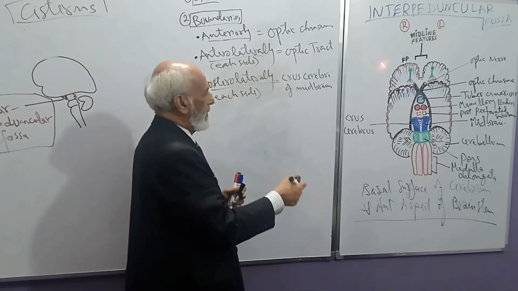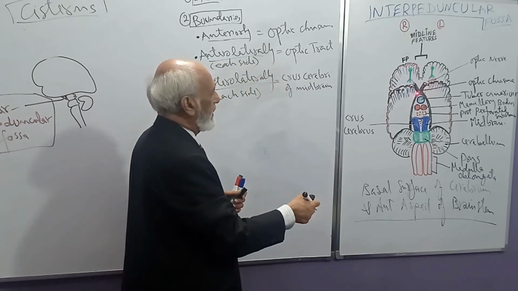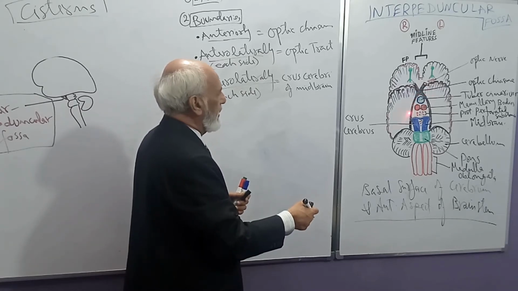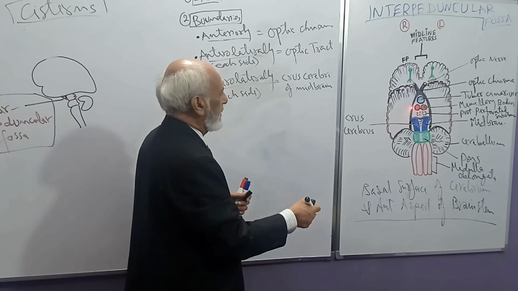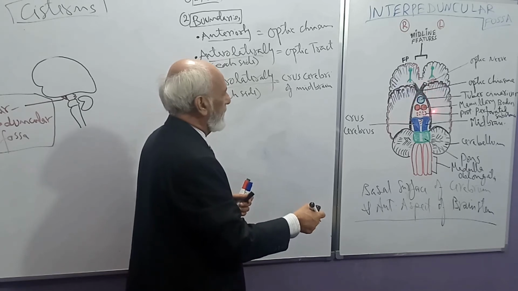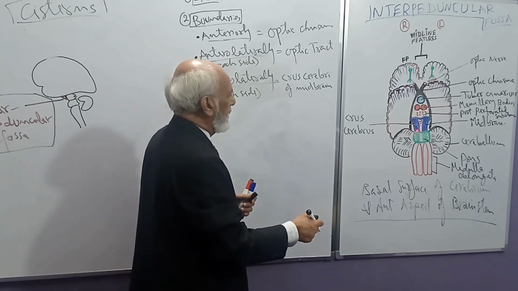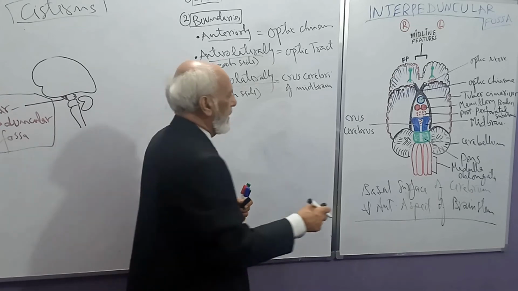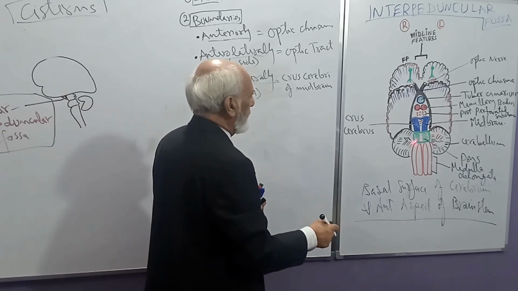So it is bounded anteriorly by the optic chiasma, anterolaterally by the optic tract on the right side and on the left side. Then posterolaterally, the right crus cerebri of the midbrain and the left crus cerebri of the midbrain. Inferiorly, you can see this is the pons and this is the upper part of the pons.